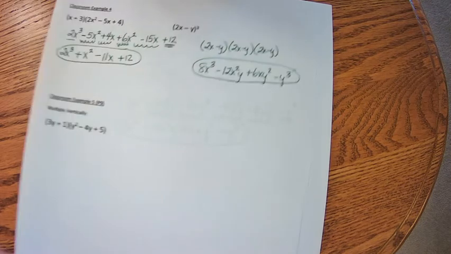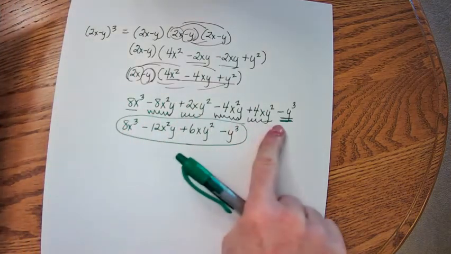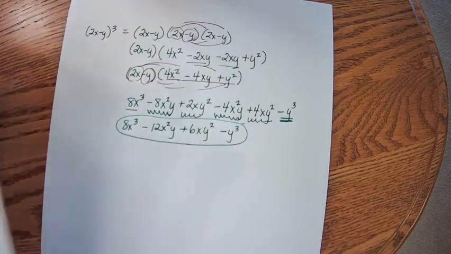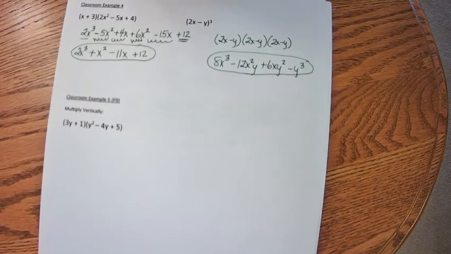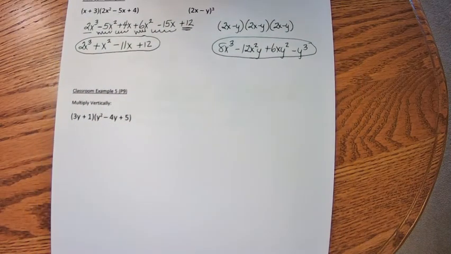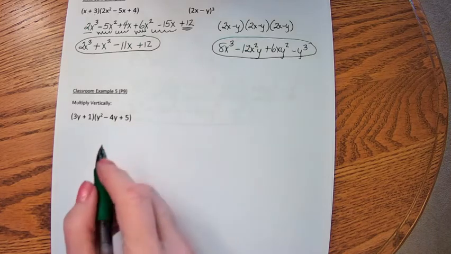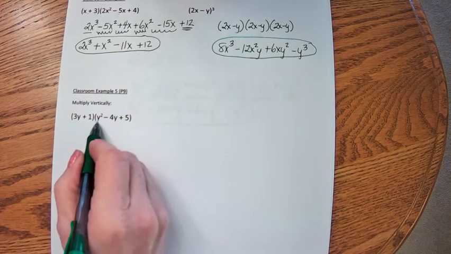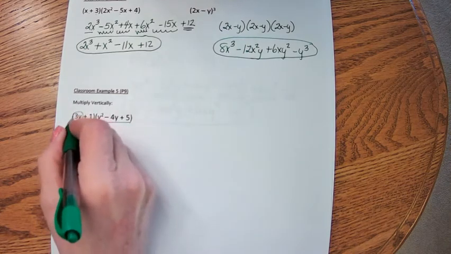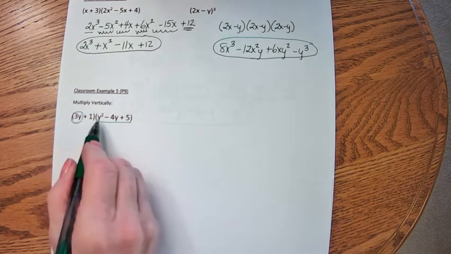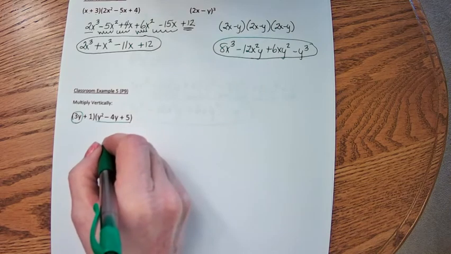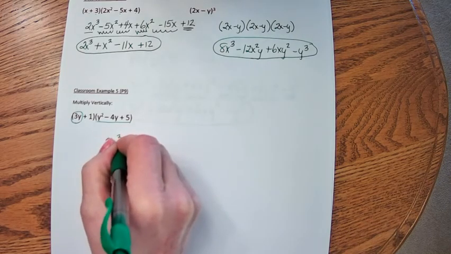So if you just take your time, you can see at the end I have to combine my like terms. So the last concept we want to go over here is let's multiply, but let's line up our like terms in columns so that it's easier to combine them at the end of my multiplication. So I need to multiply everything in the second polynomial by 3y. 3y times y squared is 3y to the third.